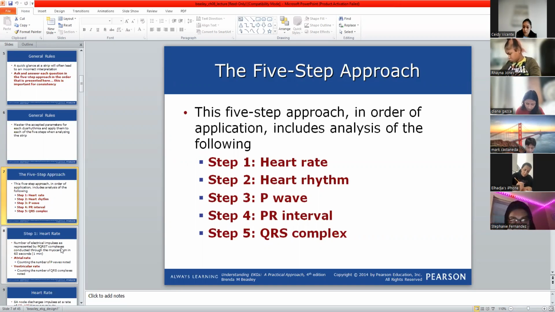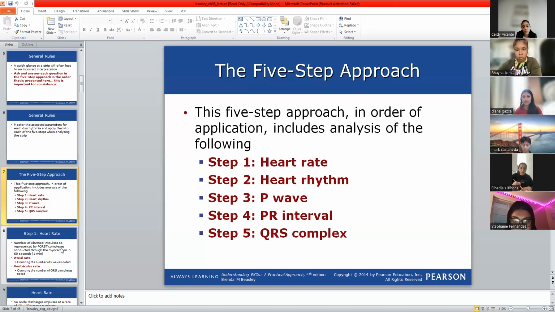The QRS complex has a duration which we mentioned is less than 0.12 seconds. If you answer these 5 steps, you can say what is wrong or what is correct. It is safe or unsafe. It is a perfect or not perfect EKG.